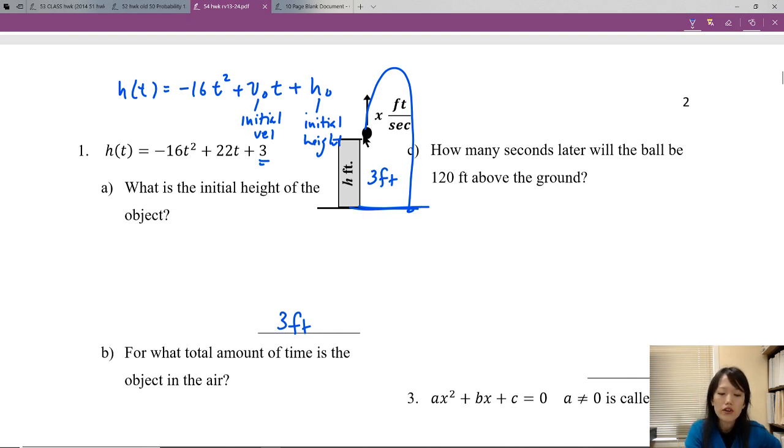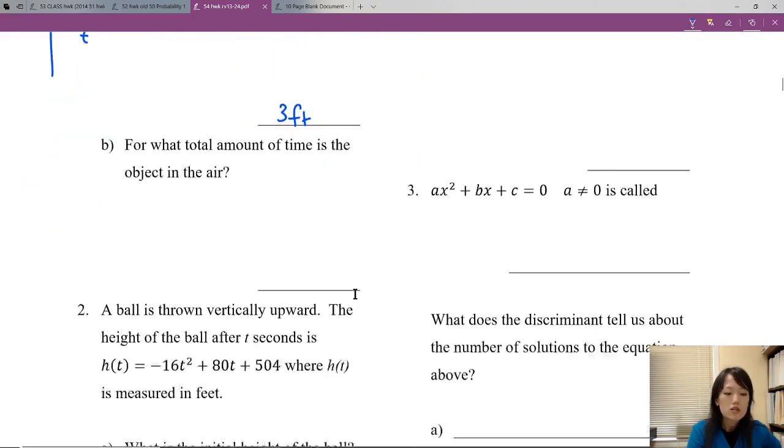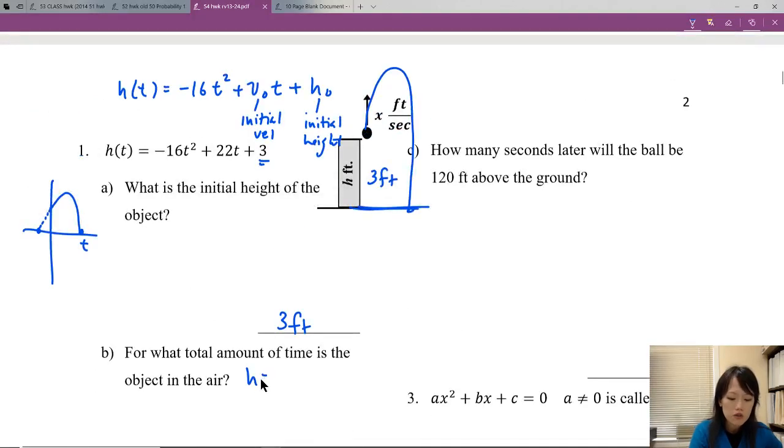When you solve it, you're going to get a negative time over here, because it's a parabola, at some negative t it was also on the ground, but that doesn't make sense. So some t is positive, but the other t is negative. Ignore the negative answer. So at h equals 0, it's on the ground.